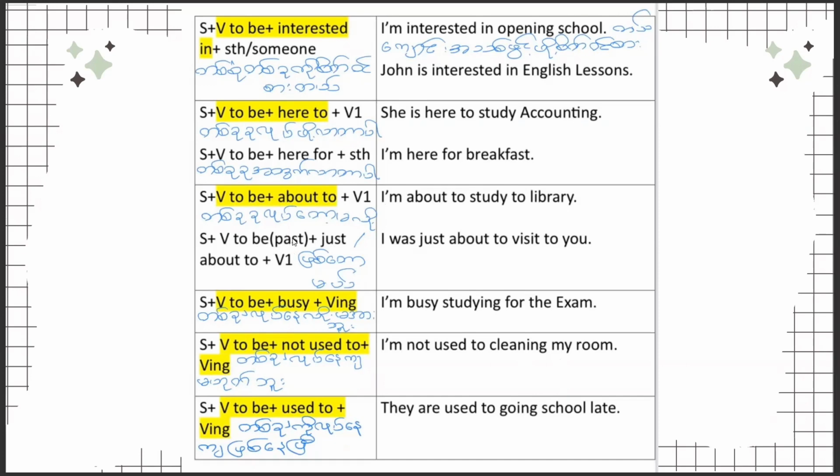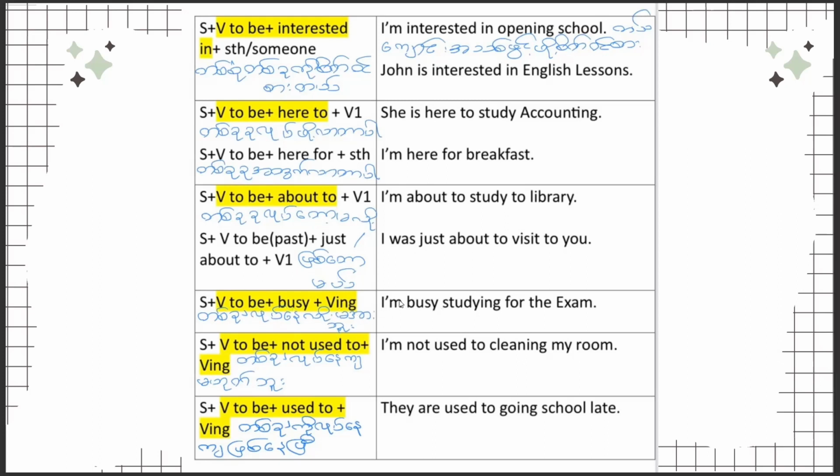So here the past is was, were. Here it is I, so we need to follow with was. So I was just about to visit you. It means I was just about to come.